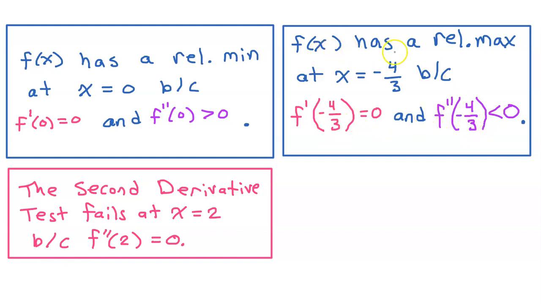We say f of x has a relative max at x equals negative 4 over 3 because f prime at negative 4 over 3 is equal to 0. That's the first part. And f double prime at negative 4 over 3 is negative. Make sure when you do the second derivative test, you include both of these parts.